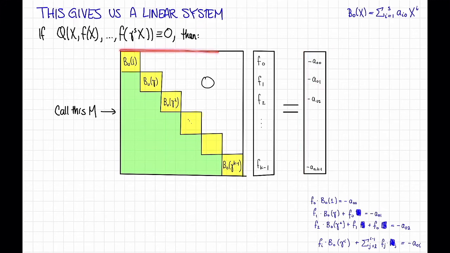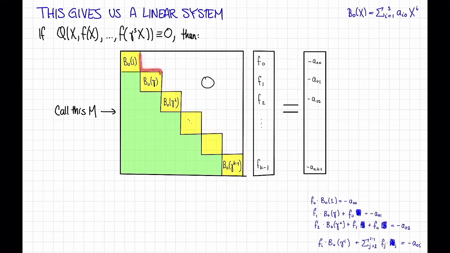And what does this matrix look like? Let's call this thing M. So this is a lower triangular matrix that has on the diagonal b0 of 1, b0 of gamma, b0 of gamma squared, dot, dot, dot, and then it has some stuff below the diagonal that corresponds to these whatevers that I didn't bother writing down, and importantly, it has zeros above the diagonal.